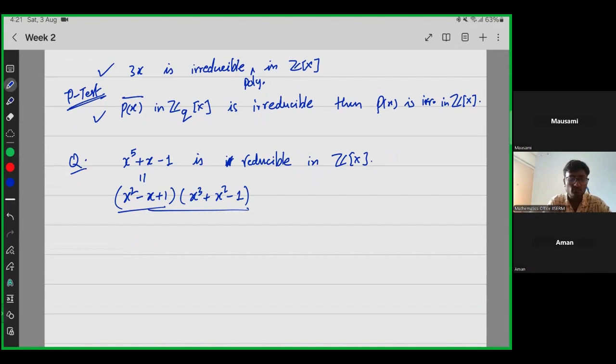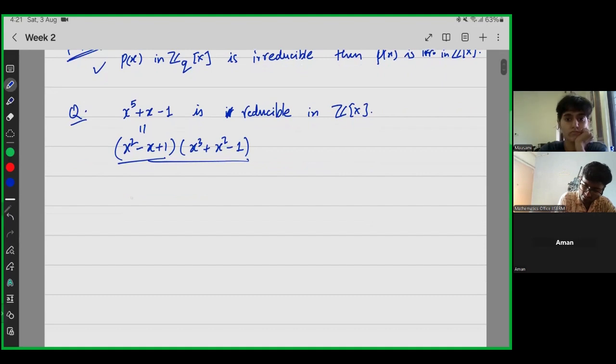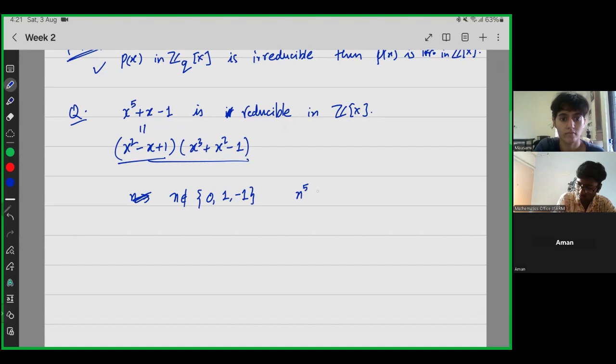Okay, so if you see the polynomial itself, if n does not belong to the set {0, 1, minus 1}, then n^5 is too big compared to 1 minus n, right?